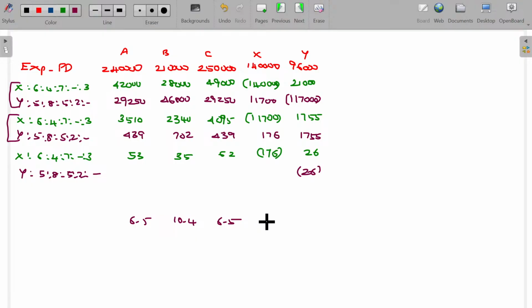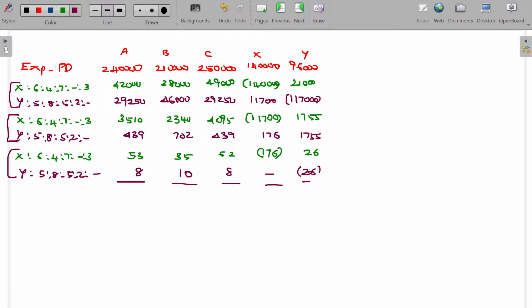X value being 26 into 2 by 20, 2.6. The value seems to be insignificant. I can add that value with this. So I make it 8, 10, 8. That's all. Hereafter, the value seems to be insignificant. I stop with this.